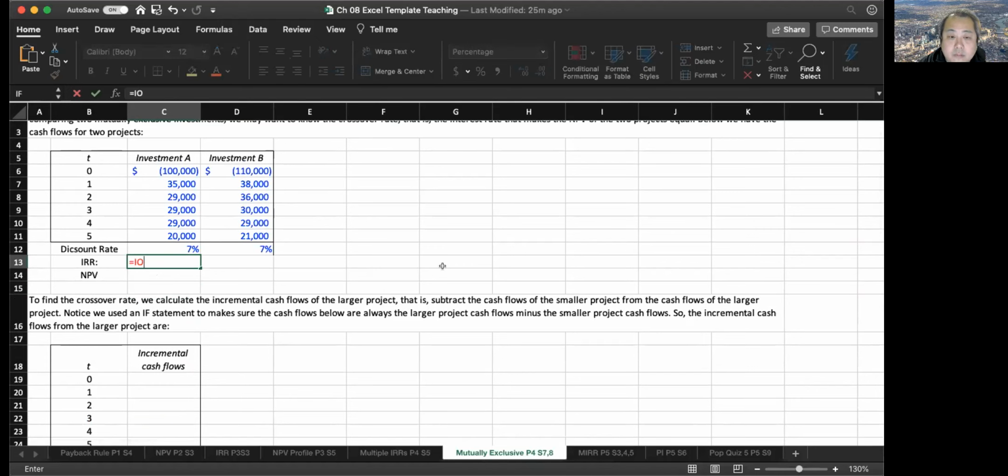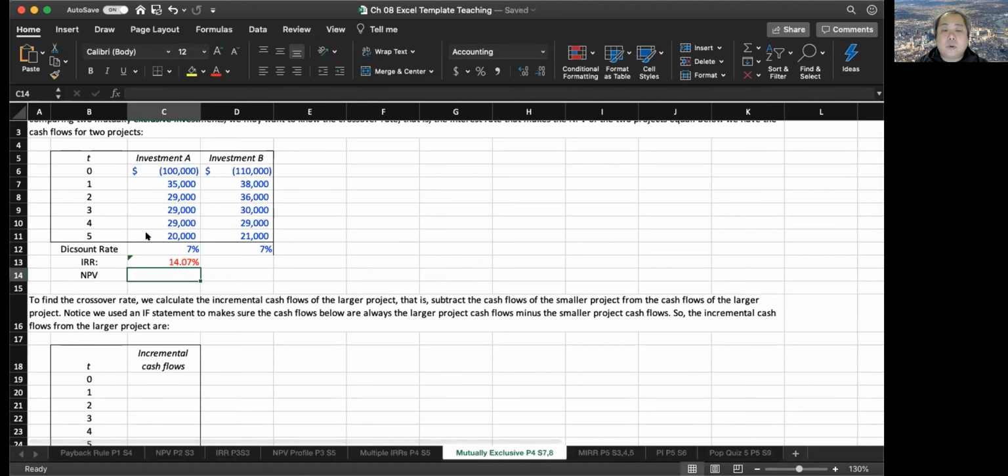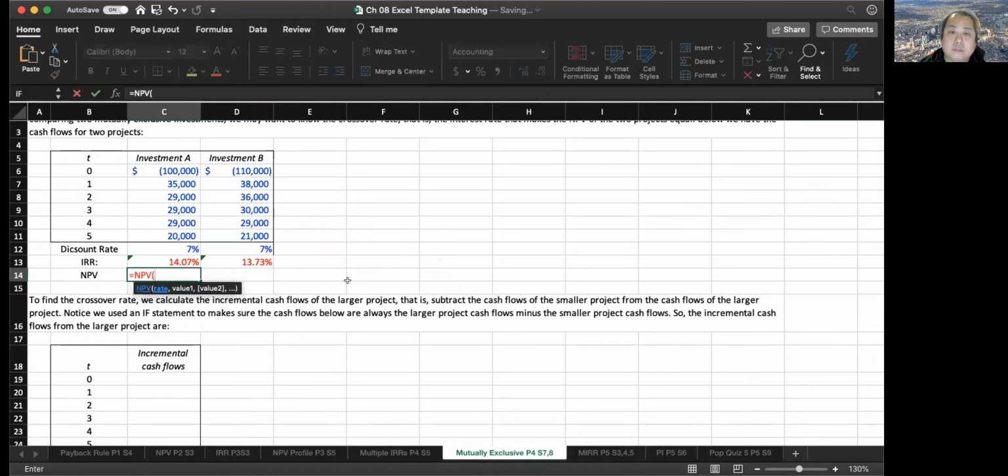Using the IRR function, IRR of A is 10.07%. IRR of B is 13.73%. Looks like B is better. But for NPV, use the NPV function: rate, cash flow 1 to the end, plus the initial cash flow.